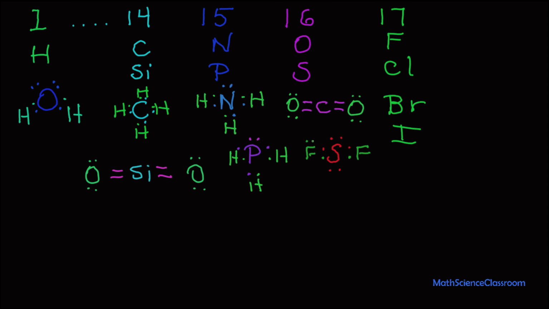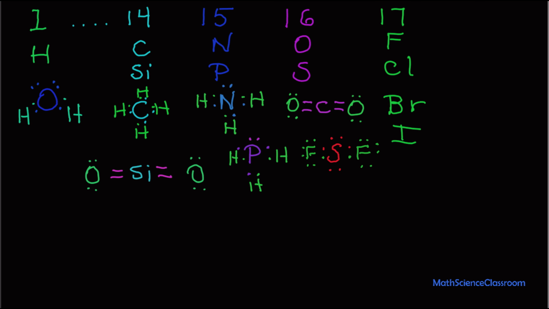And 1, 2, 3, 4, 5, 6. So now fluorine has 8 valence electrons, and sulfur has 8 valence electrons, and that is sulfur difluoride.